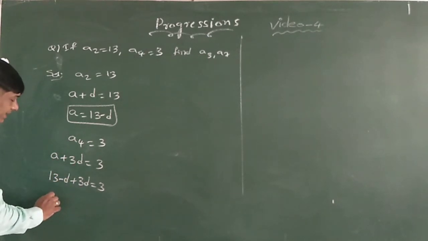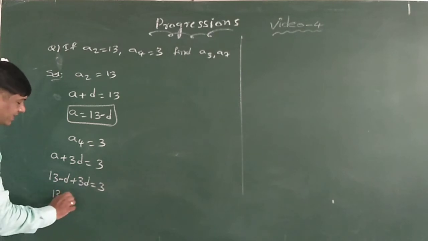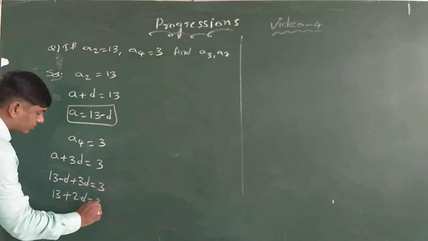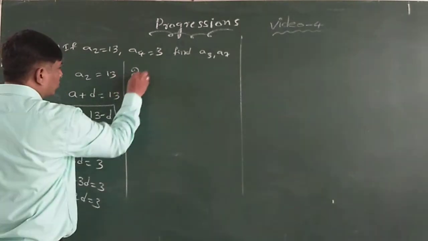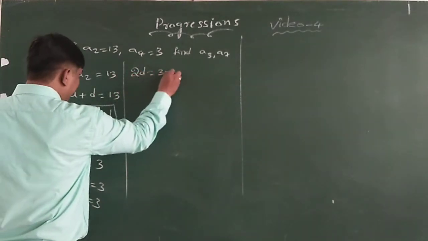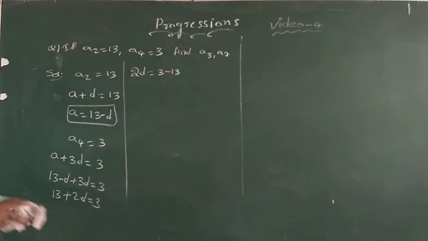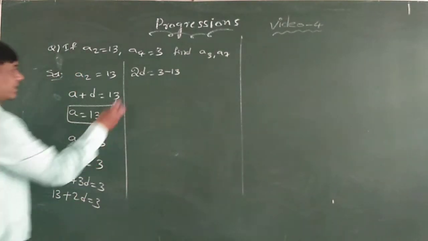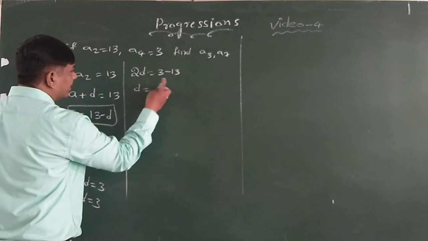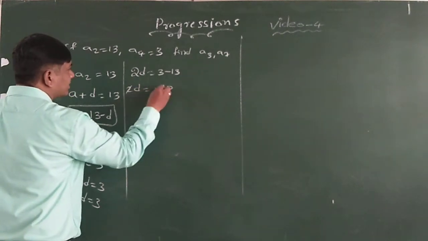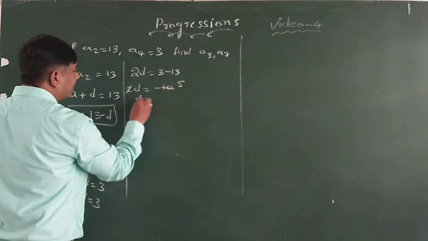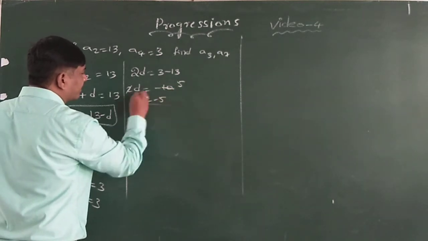Now this can be written as 13 minus D plus 3D is plus 2D is equal to 3. Now transpose the values. 2D is equal to 3 minus 13, constants separated. 2D is equal to minus 10. 2 ones, 2 5s. D is equal to minus 5.